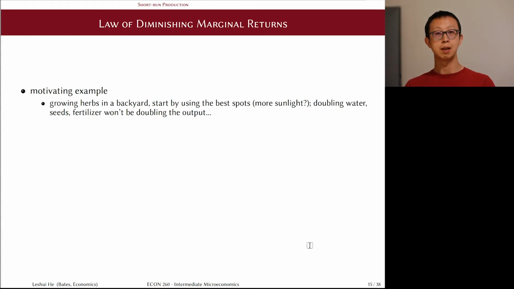An important concept related to the marginal product is the law of diminishing marginal returns. We can motivate the idea by thinking about a few different examples. If you grow herbs in a backyard, a windowsill, or balcony, then you will start by using the best spots you have, where perhaps the sunlight condition is most ideal for that plant.